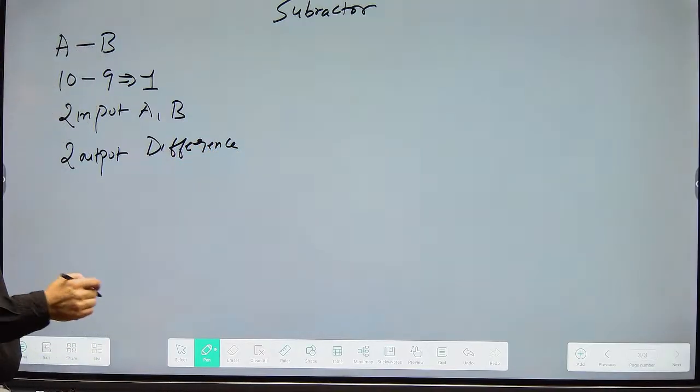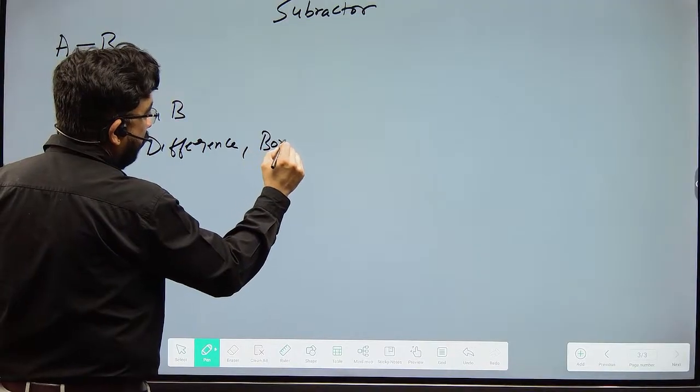So you have two outputs: difference and borrow out.